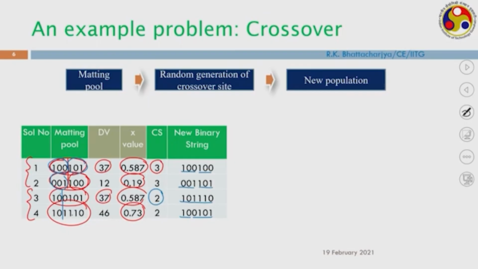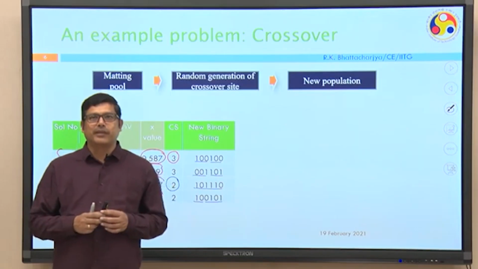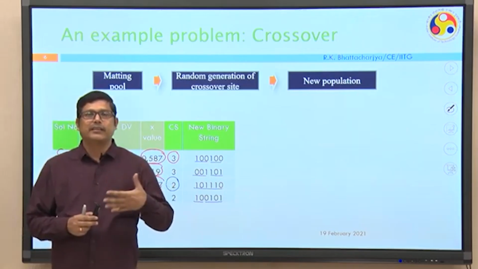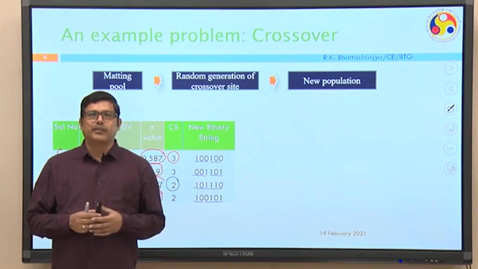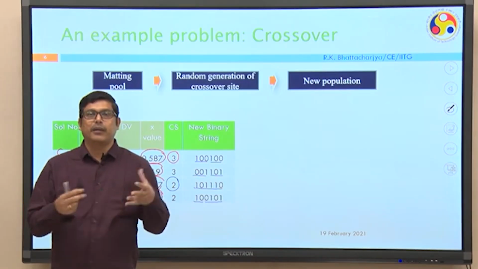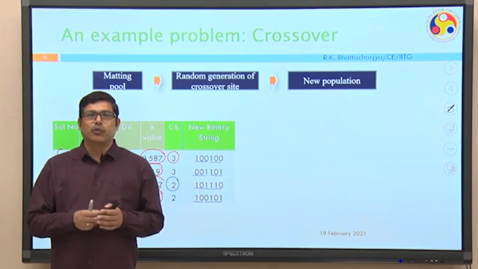What we basically want is to maintain diversity in the population pool. I explained about the selection pressure. What will happen if you increase the tournament size? Your population will be saturated by the best solution.